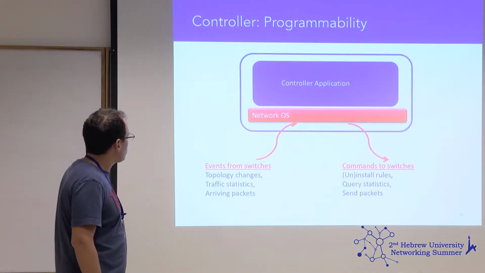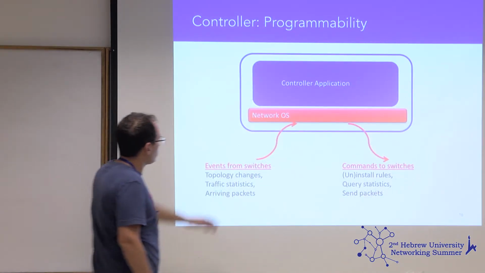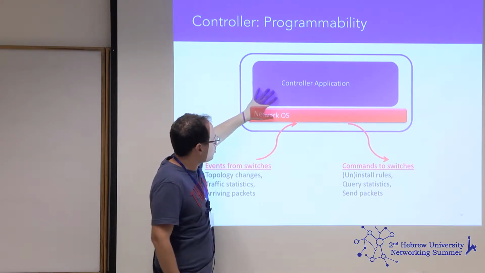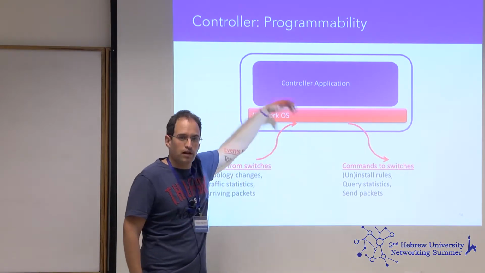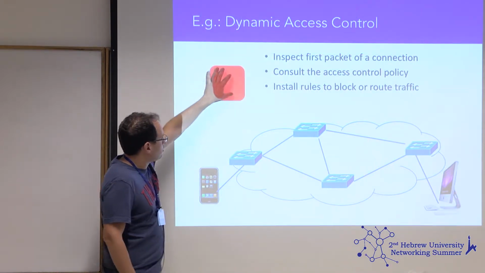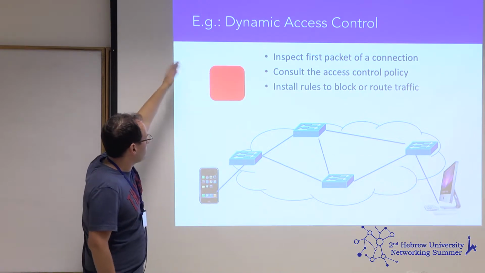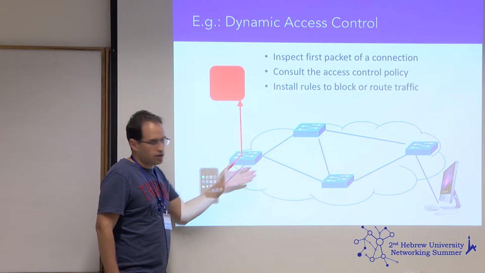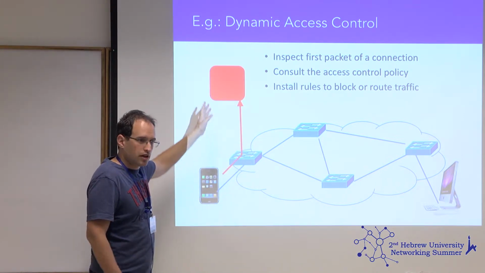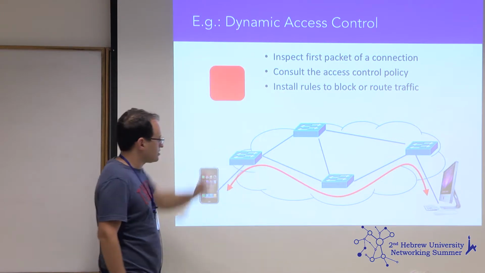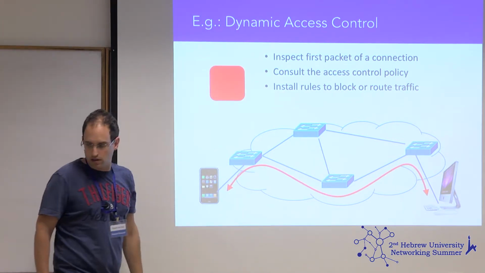And you can do many things. You can look at the controller as a network operating system, on top of which you can plug applications now. So here is the controller, and now the controller can give us, for example, access control, because when this phone would like to access the network, it should first get an approval from the controller, and then it can access whatever server it needs if it got the approval.